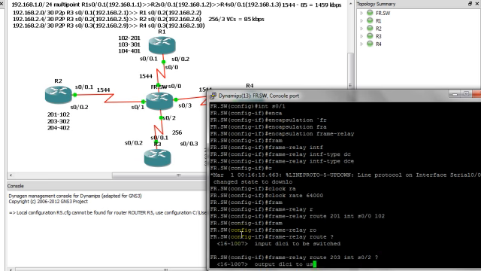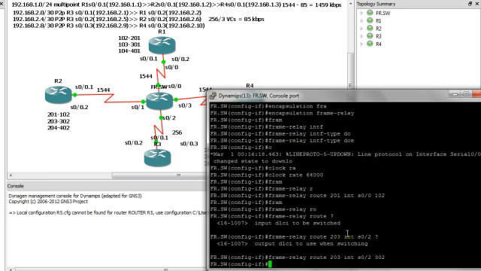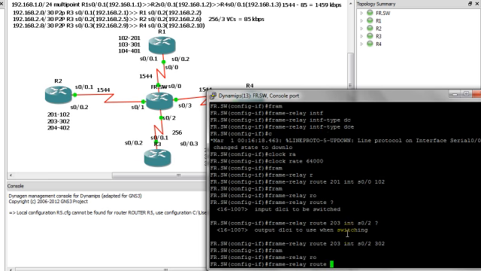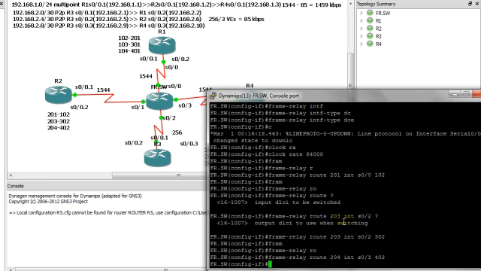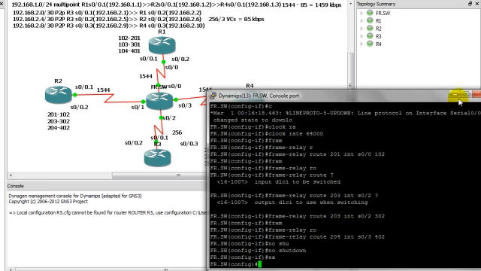This is called the output DLC, the DLC of router 3. The third one is frame relay route with 204 to exit through serial 0/3 with 402. No shutdown. Now we finished this interface.